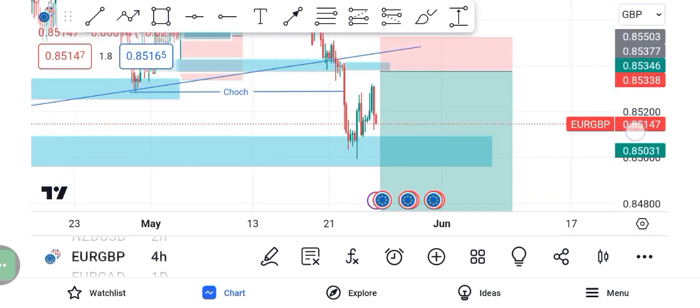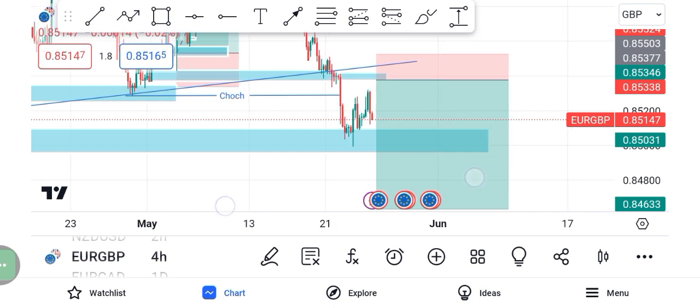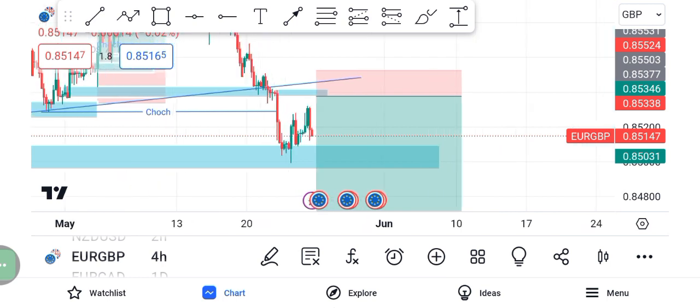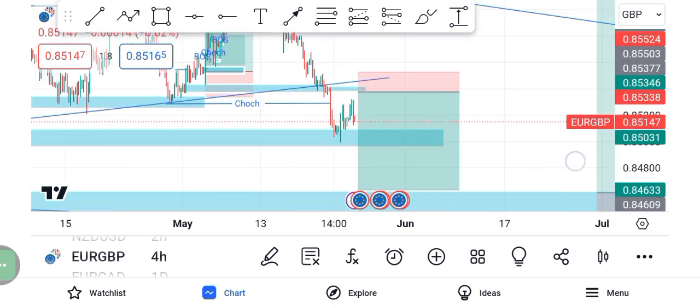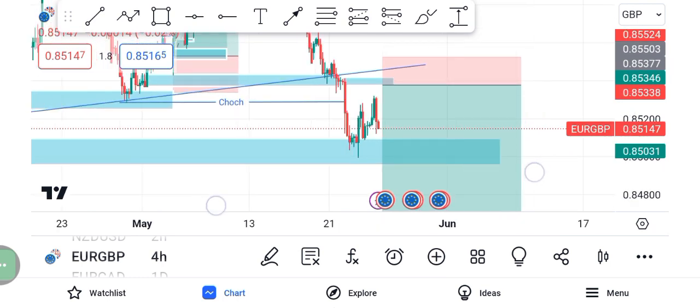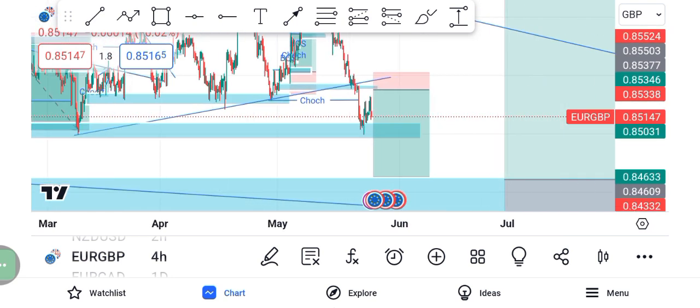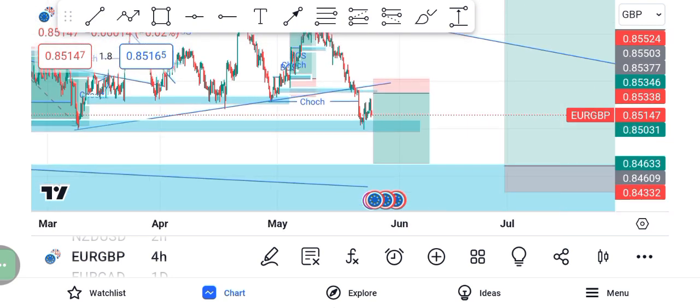And once I have a lot of confluences on one particular spot like that, I just go in. Of course, with caution, I risk 1% to 2% maximum of my account. So this is what I've been doing.